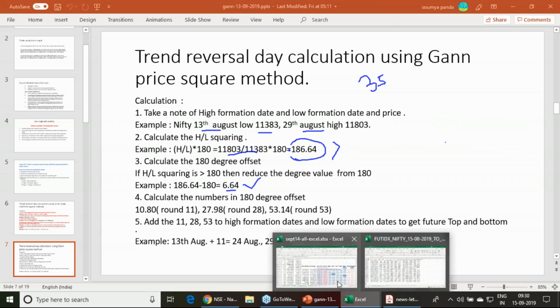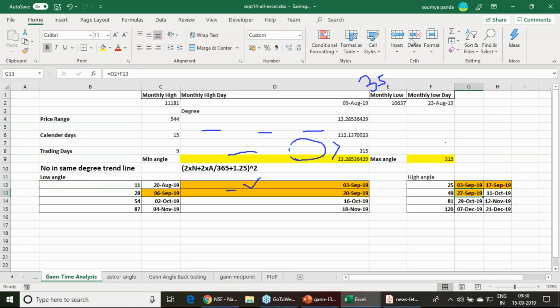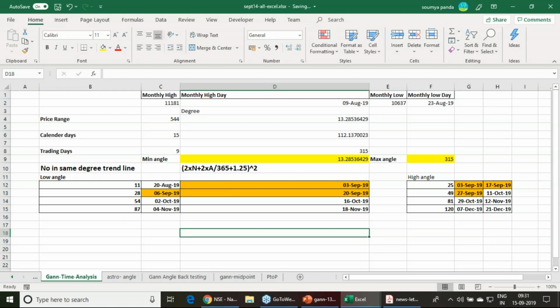So just go to the Excel sheet. We have already done one analysis yesterday, so now just add on to this analysis. Here high has happened, low has happened, so we are going to divide that, high by low. 11,181 divided by 10,637.